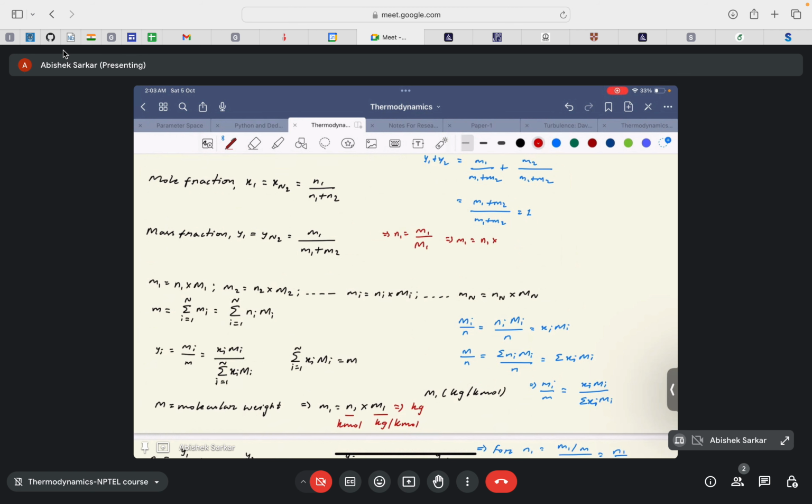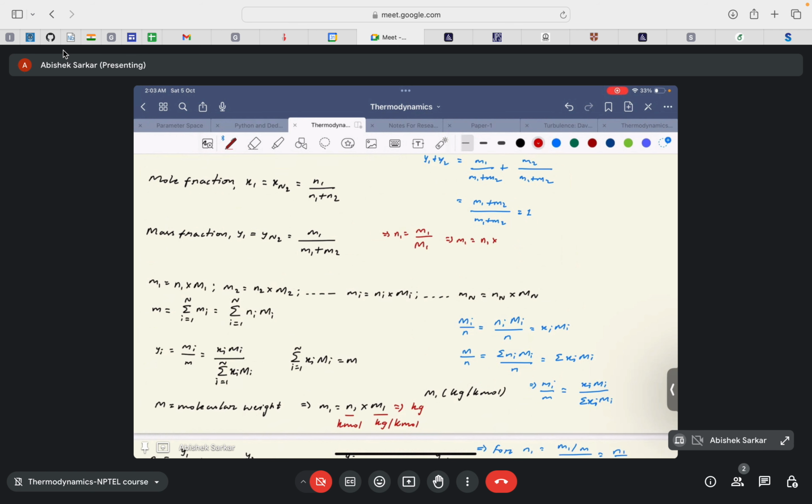Then the mass of the total mixture, small m, will be given by the summation of mi, where i varies from 1 to n. We just discussed it. Since m1 is n1 into M1, m2 is n2 into M2, if we substitute, m is m1 plus m2 plus m3 plus dot dot dot plus mn, where all the m's are small letter m.